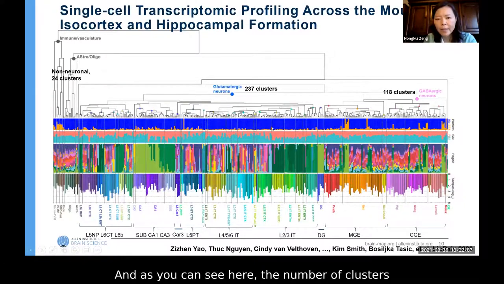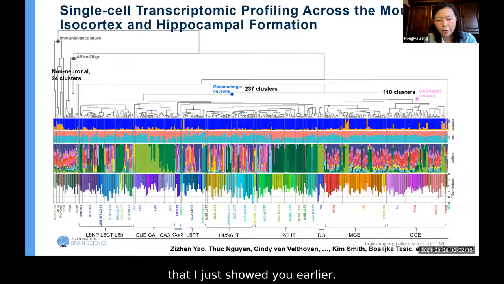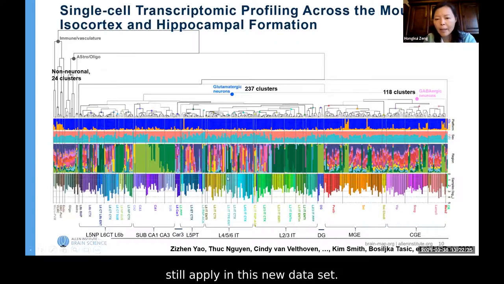As you can see here, the number of clusters has greatly expanded from the two-cortical-area study that I just showed you earlier. We found that the rules we identified in the previous study still apply in this new data set.